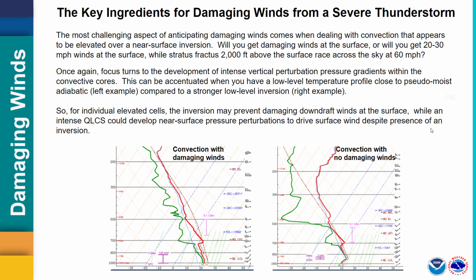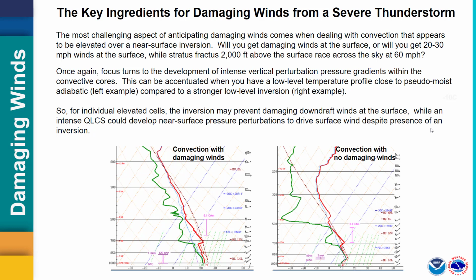On the other end of the spectrum, I've seen convective line segments move through at 60 miles an hour, with surface winds only 20 to 30 miles per hour, but one could observe stratus fractus clouds racing across the sky at close to 60 miles an hour. In some scenarios, such as bowing line segments, the pressure gradients may be horizontal, while in other scenarios, such as pulse severe storms, the gradients may be vertical in nature.